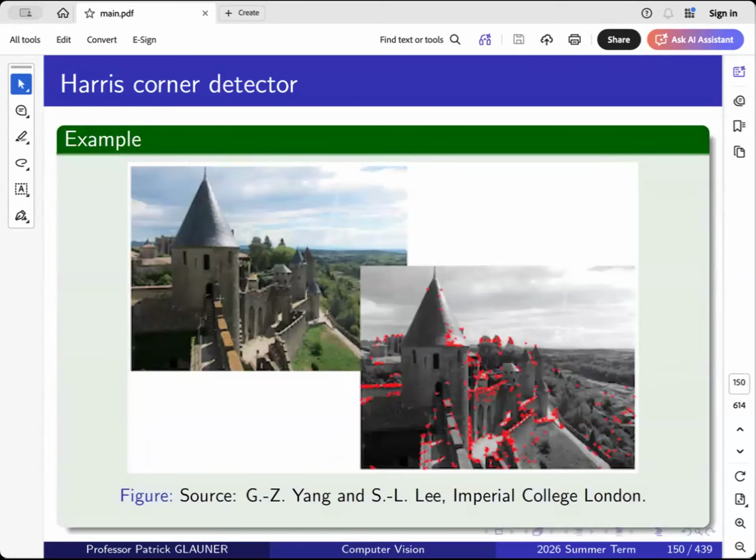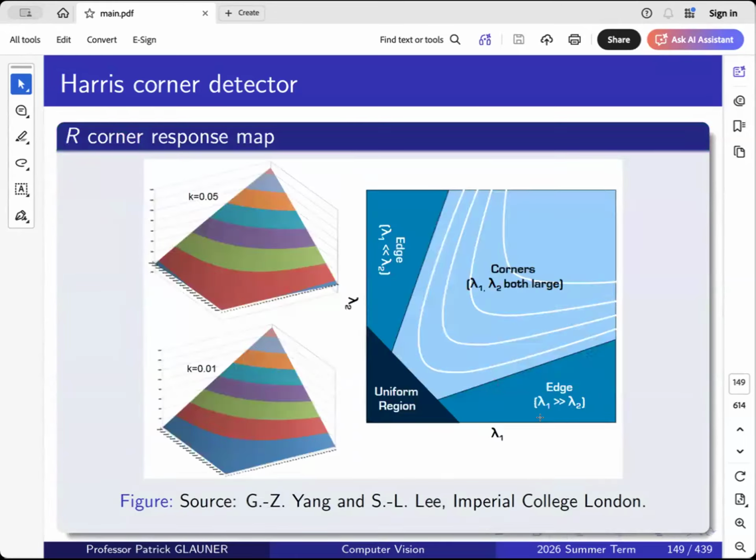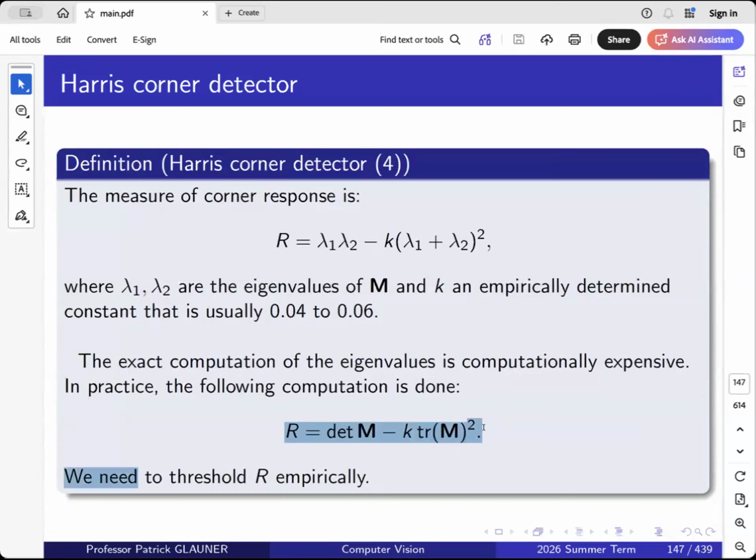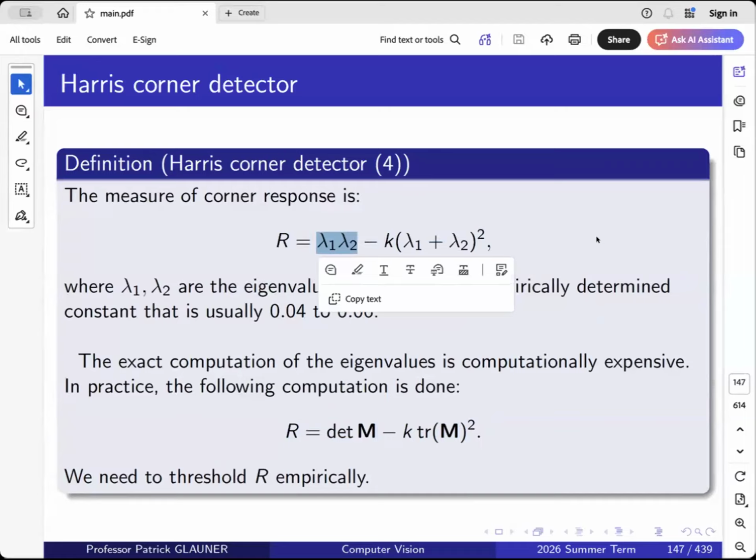For example, here we have this castle, we have an image, and we get lots of corner candidates. What we need to do is the thresholding, obviously. But the way I have shown you how the Harris corner detector is built, by calculating the corner response like this, it's relatively fast, much faster than this way, because for this way, we explicitly need the eigenvalues, and that's computationally slow.